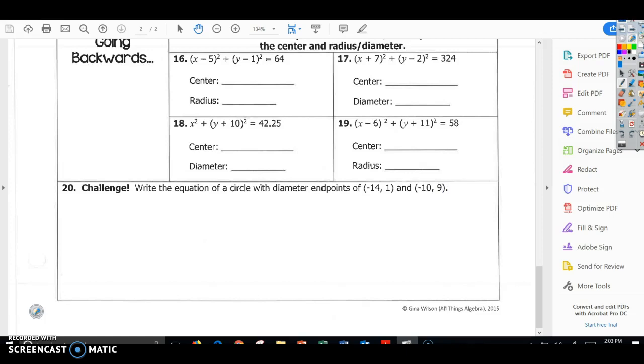So we looked at how to take an equation and find the center and the radius. Actually, I don't know if we did this, so we'll go through this again.